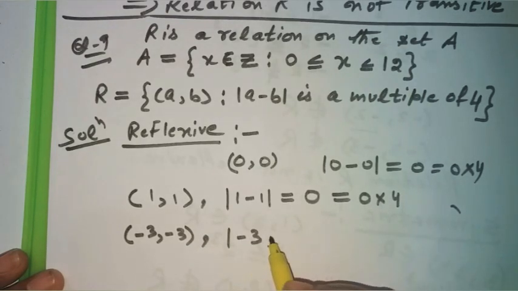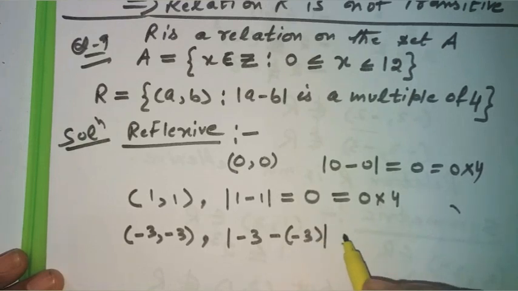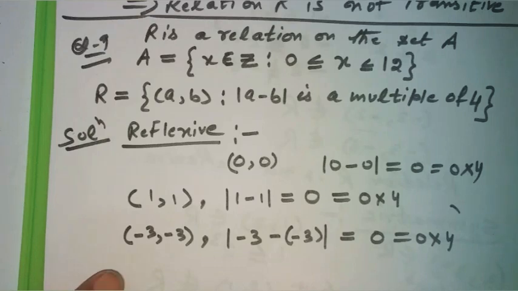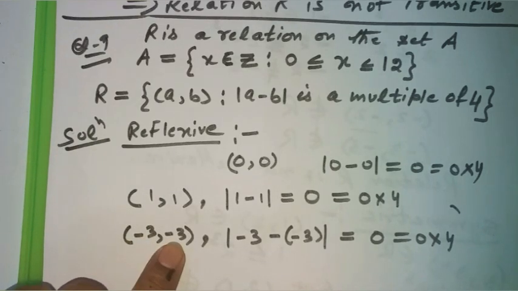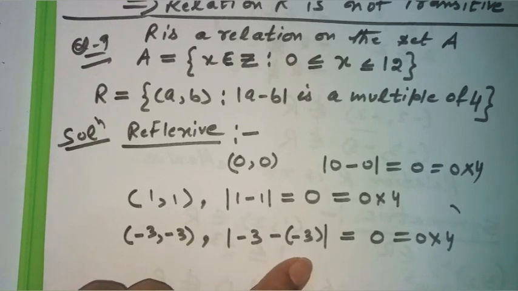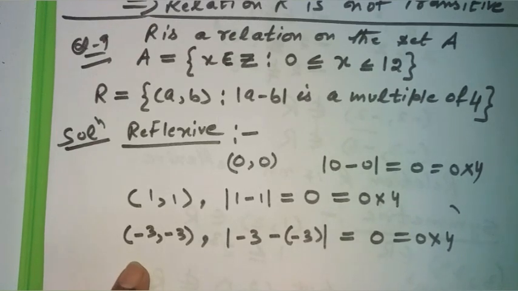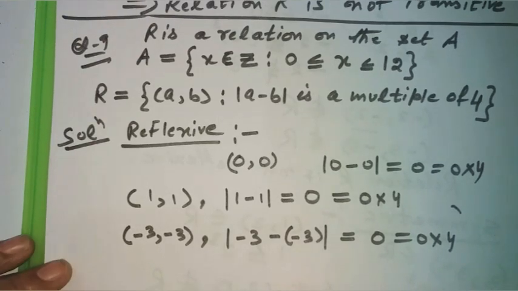So I take the difference, minus 3 minus minus 3, which is 0, which is again a multiple of 4. So I can see that if I take any ordered pair where both the numbers are the same, their difference will always be 0, and 0 is a multiple of every number, and so yes, the relation is going to be reflexive.